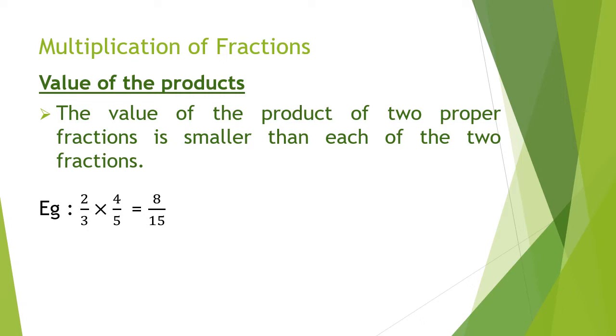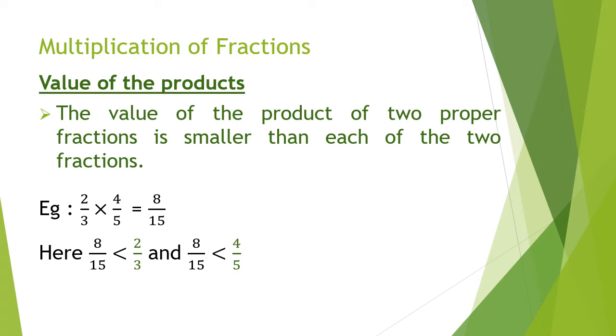Here the product 8 upon 15 is smaller than 2 upon 3 and 4 upon 5. That is, 8 upon 15 is less than 2 upon 3 and less than 4 upon 5. Here we are discussing two proper fractions.